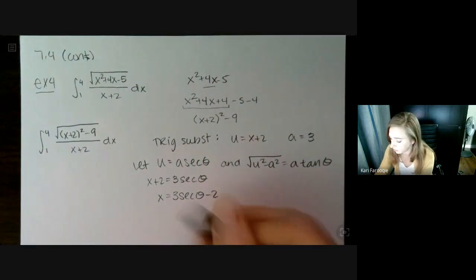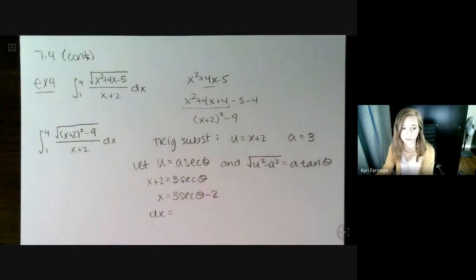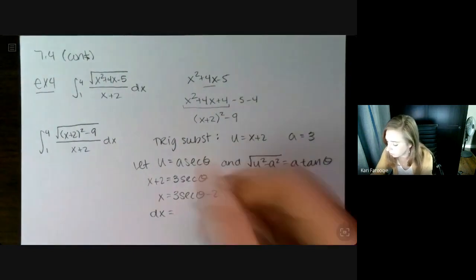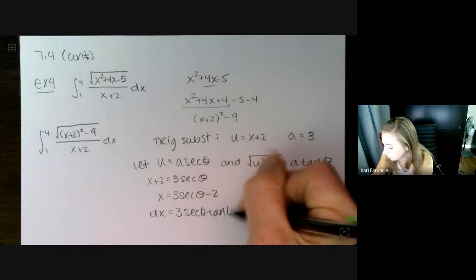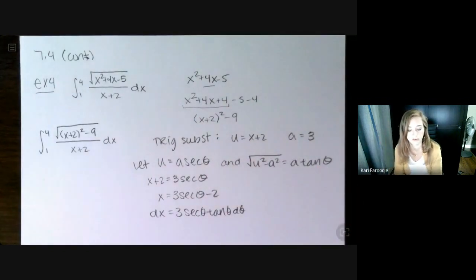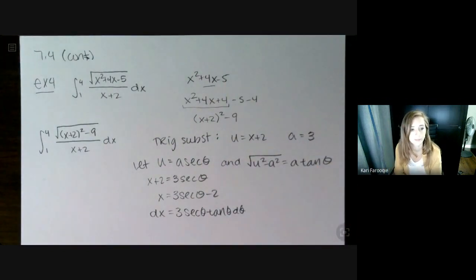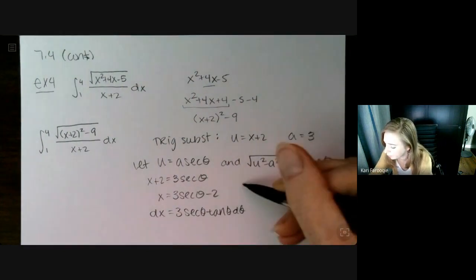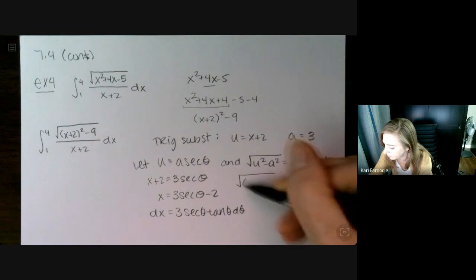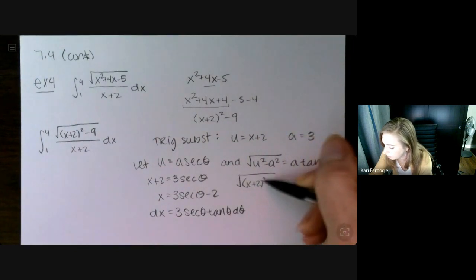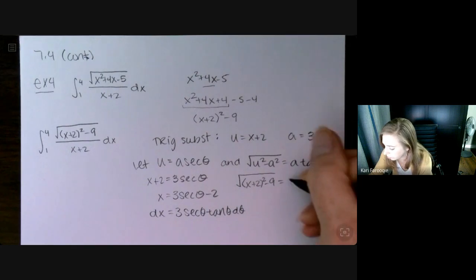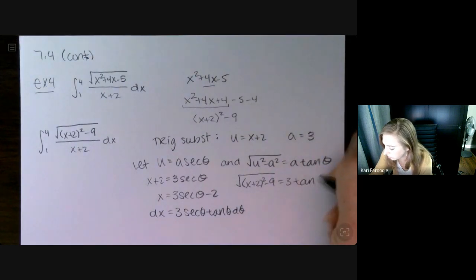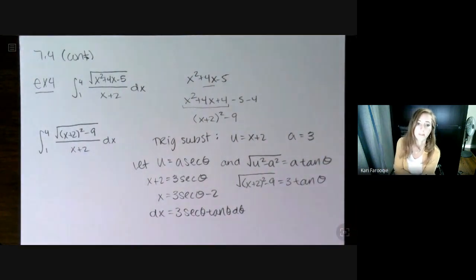And then dx, well, the derivative of secant u is secant u tangent u. So we'll have 3 secant theta tangent theta d theta. Now for your square root, for u squared minus a squared, we will have a, which is 3, and then tangent theta.